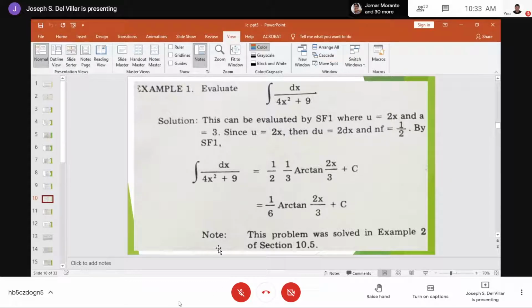So, dapat 2dx. Kaso, sa given, walang 2, dx lang. So, mag-introduce tayo ng 2 and then introduce also 1/2 behind. That's why nagkaroon dito na 1/2. Okay? Now, so that is 1/2, yung nilagay dito, times 1/3, because that is 1 over a. Ang a natin is 3. Kasi 3 squared is 9.